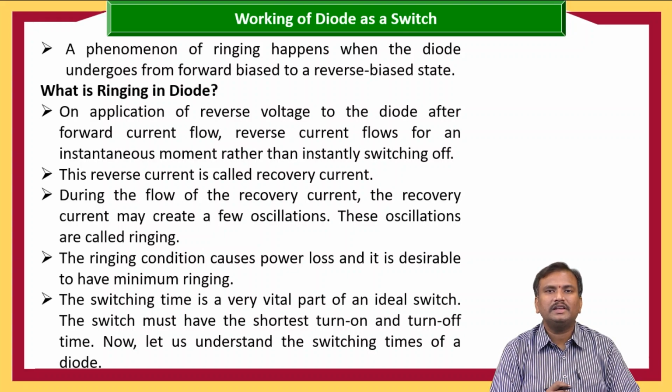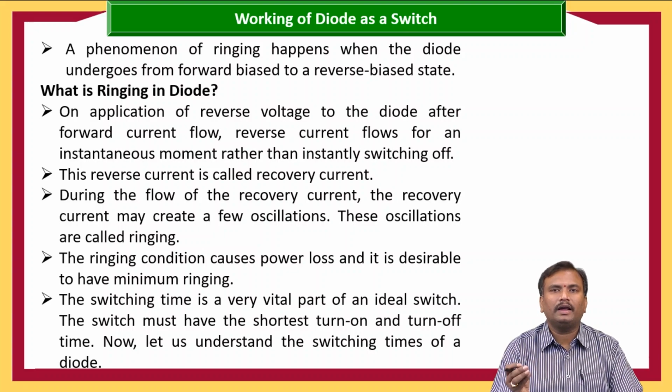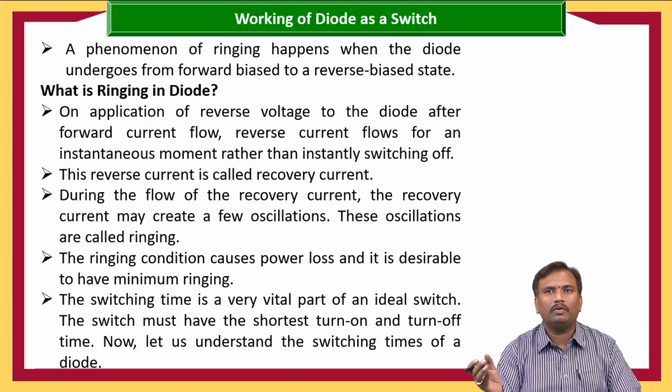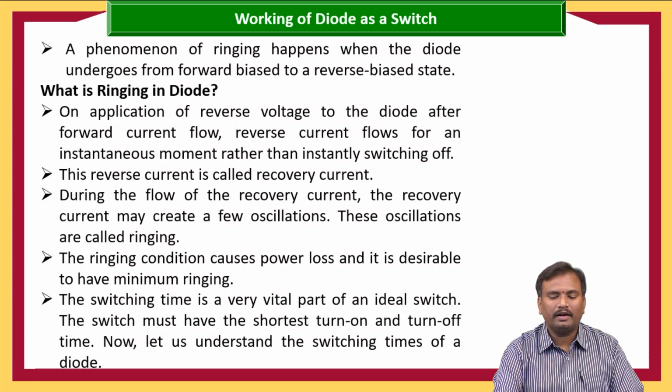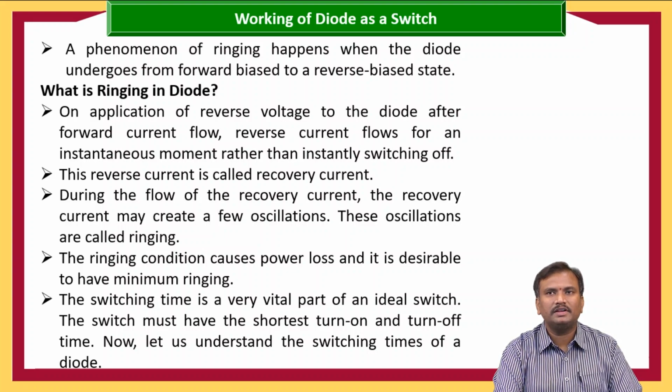Once we shift from forward bias condition to reverse bias, the diode will not immediately get open circuited. It takes some time to become open circuit. That is because of the reverse recovery current.